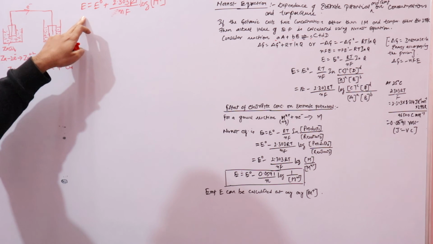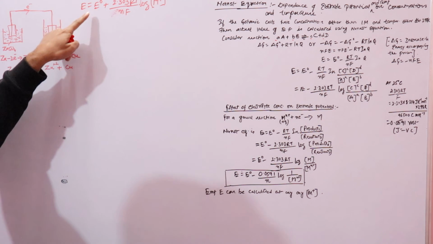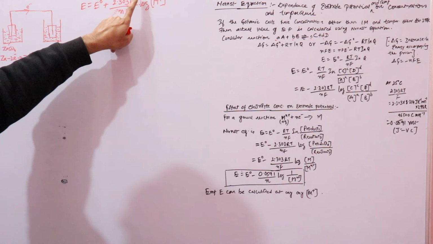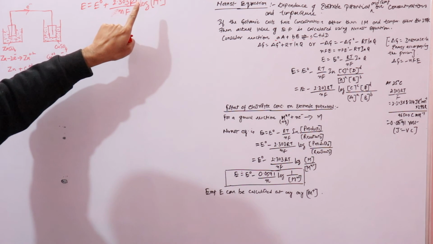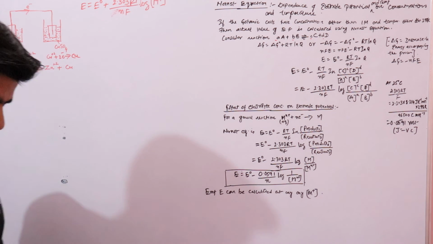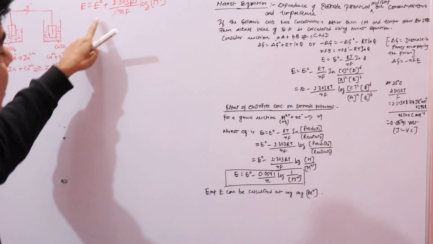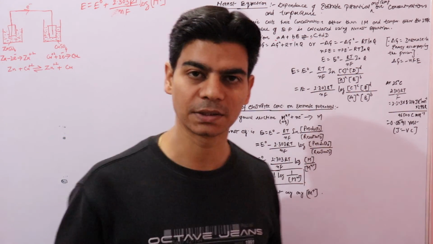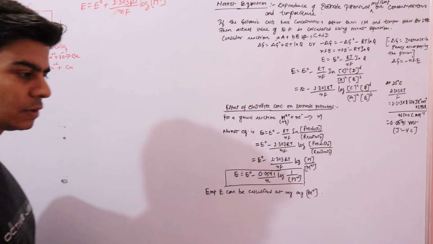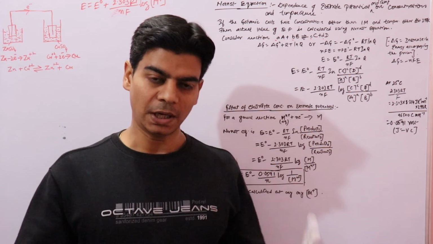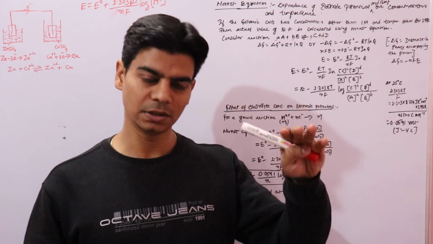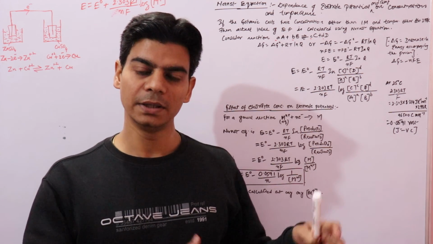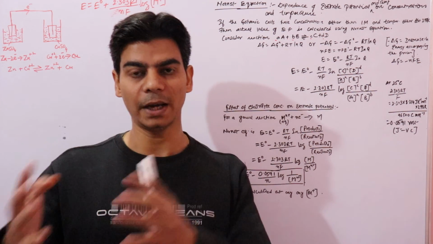So if you look at this equation, it relates electrode potential with the ion concentration, and with the temperature, right? These two things can be varied, and the value of E naught can be taken from the electrochemical series that we have studied before this lecture. We know that in the electrochemical series we have standard reduction potentials in decreasing order, and the standard reduction potential is measured by coupling the given electrode with the hydrogen electrode.